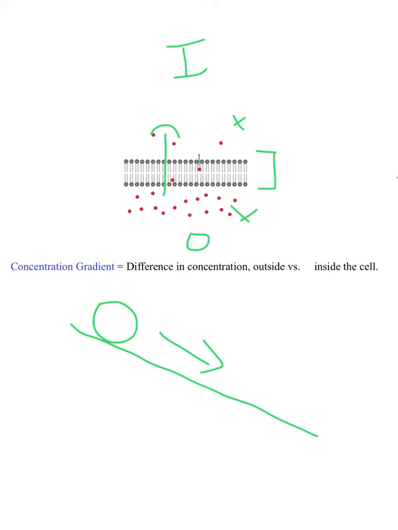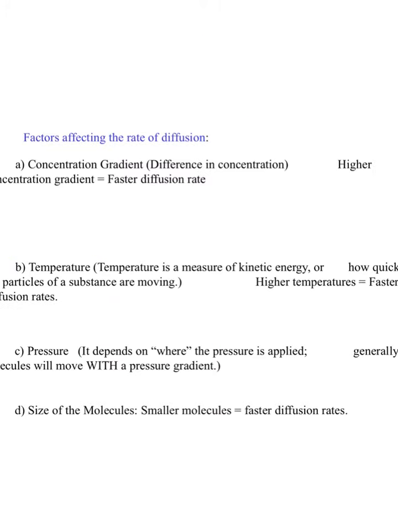If this is our solute molecule, and you have higher concentration over here and lower concentration over here, these solute particles are going to have a net tendency to move from high concentration to low concentration, and you don't have to put any energy into it whatsoever. Now, assuming molecules can get across the cell membrane, diffusion is going to happen.